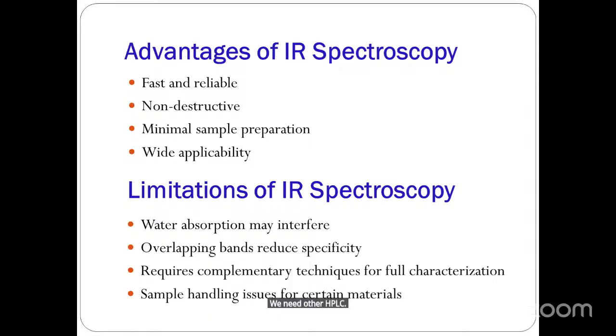For inorganic, for material science, we need XRD, SEM, TEM, XPS, Raman. All other techniques are more informative than IR. But it does not mean that IR is not useful. IR is very fast, and so we can rely on this, but it is not a fully reliable technique.